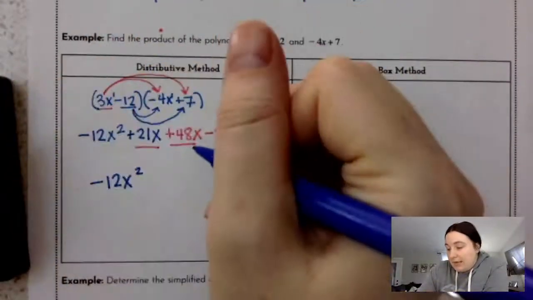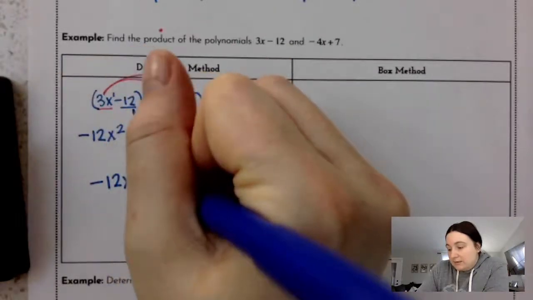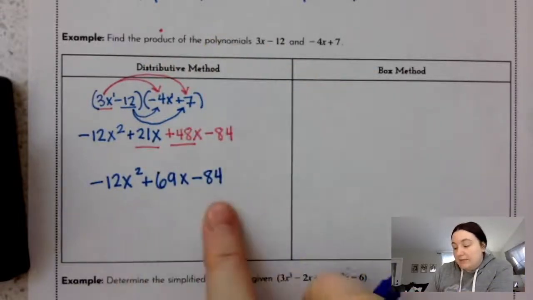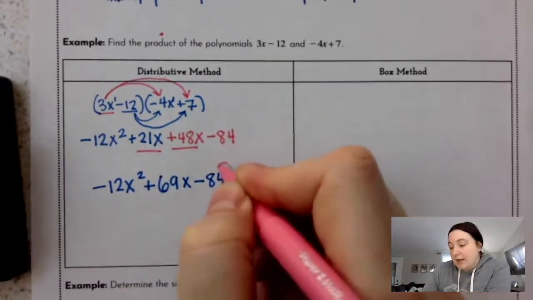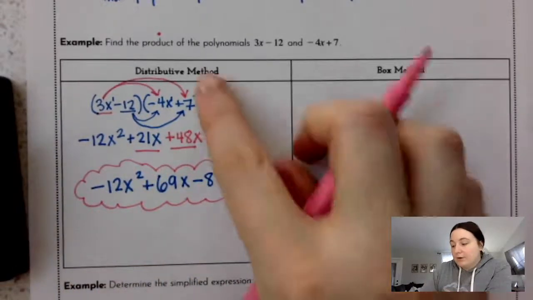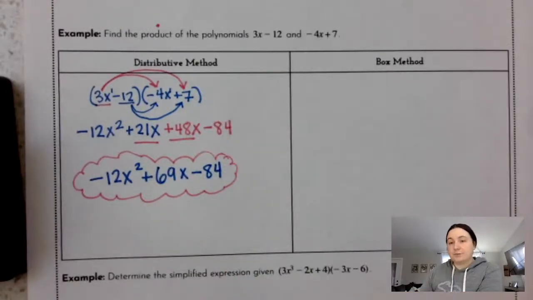Going to add these together to get 69x and then minus 84. So now you can see I have no like terms left, and I have my answer in standard form. So this is the distributive method where you can distribute your terms.